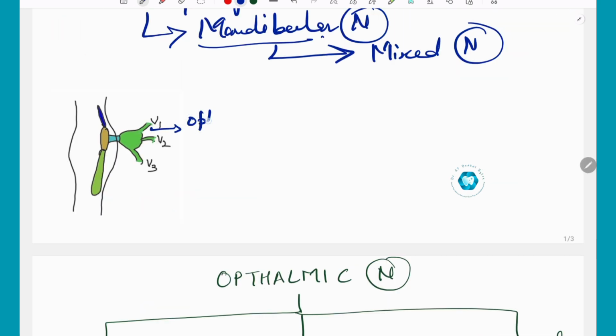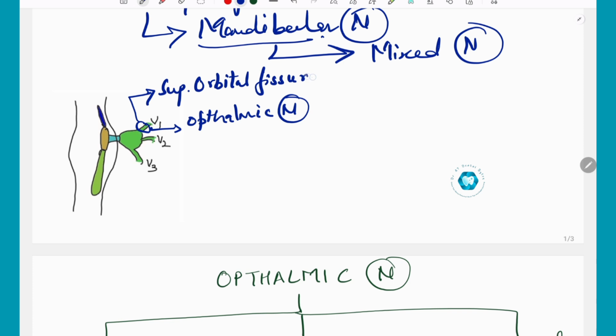The ophthalmic nerve exits the cranium through superior orbital fissure.